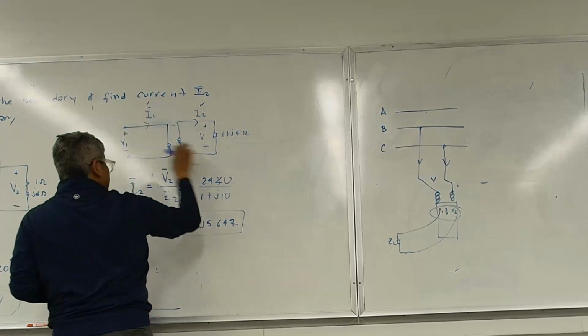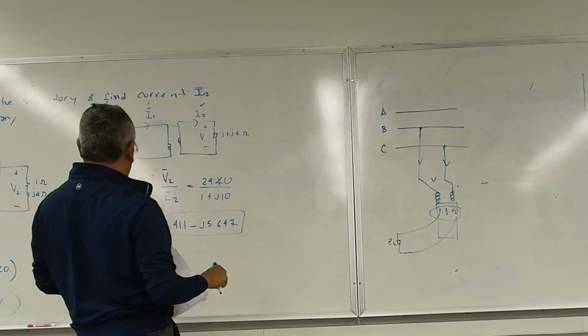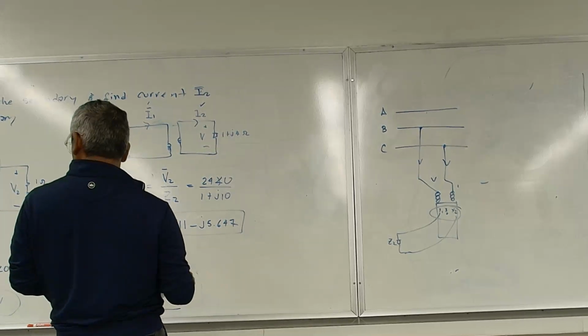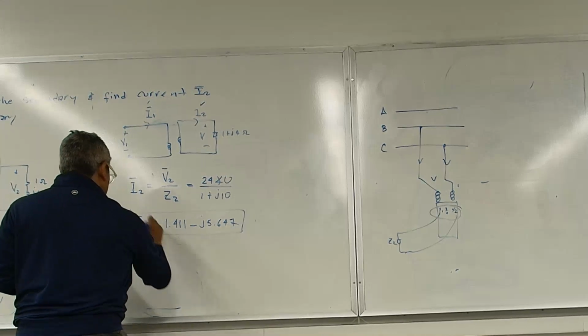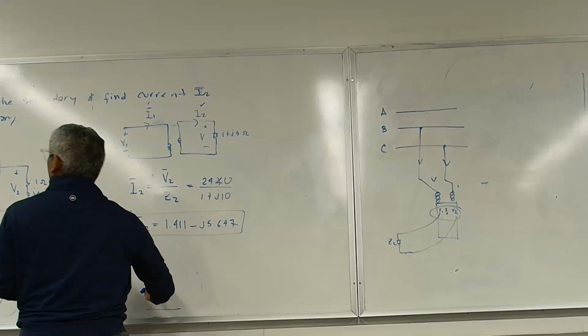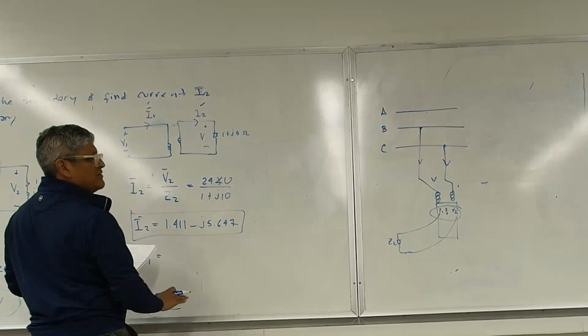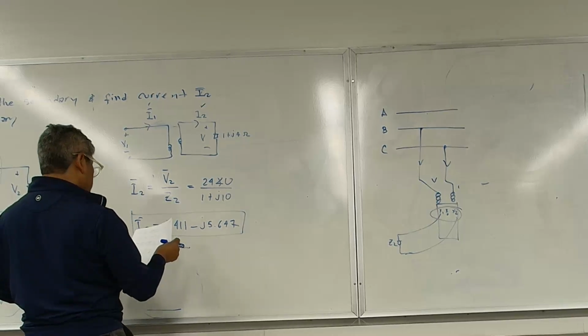So I know the current here on the primary, and I know the current on the secondary. Let me see where I put the I1. I'm going to write here I1 phasor equals to, oh, did I solve I1, everybody? 1 plus j4. Let me see.